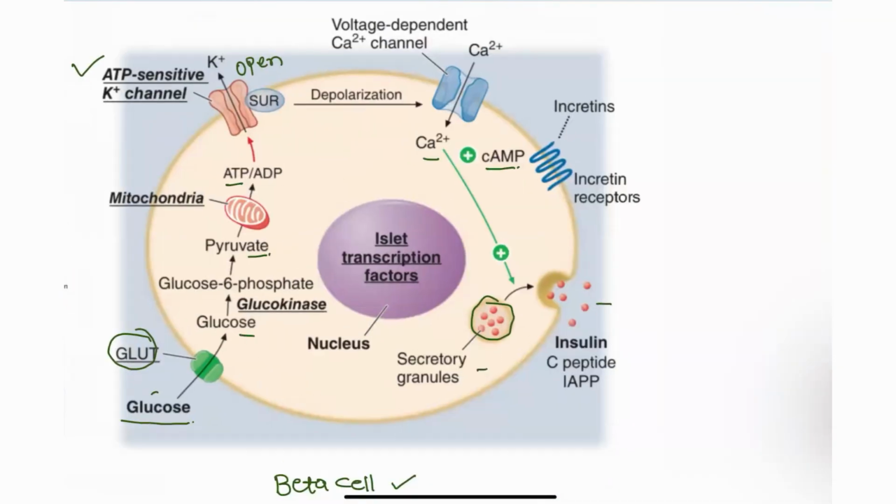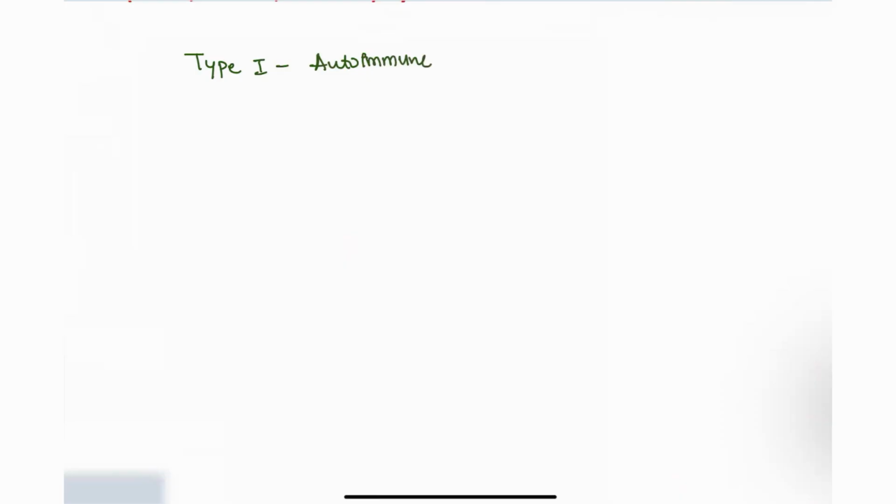Now we'll see the types of diabetes mellitus. Type 1 is an autoimmune condition. What happens here? There will be complete insulin destruction.